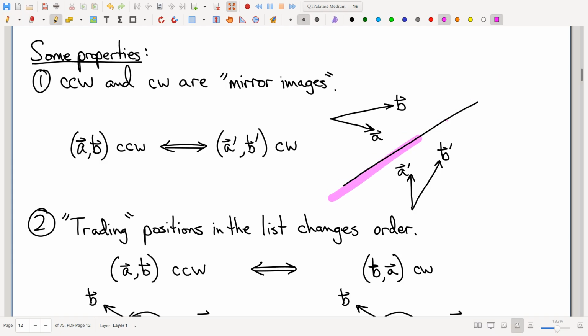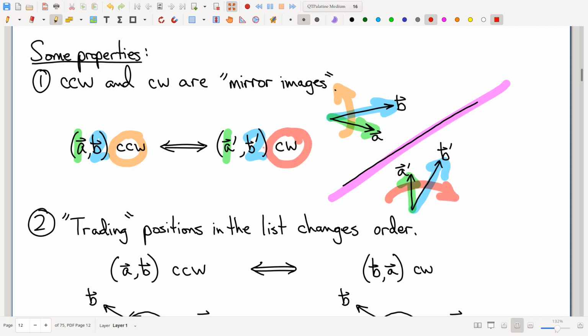So if I have a vector and then a second vector, and that is, as I have it drawn here, counterclockwise, and I look at their reflections, the reflection of A first, and then the reflection of B second, and I ask what order is this list, well, it's again green to blue. Now it's clockwise.